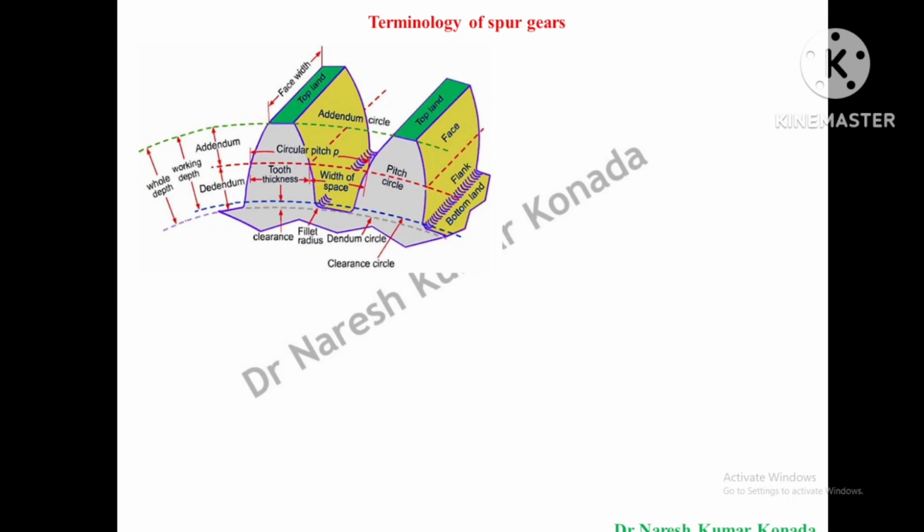From the pitch circle to the top of the tooth we call the addendum, and from the pitch circle to the bottom of the tooth, the dedendum. Then the working depth, whole depth, face width of the gear, face of the gear, flank of the gear, bottom land, fillet radius, and the clearance to be maintained. It is clearly observed from this figure what the nomenclatures for a spur gear are.